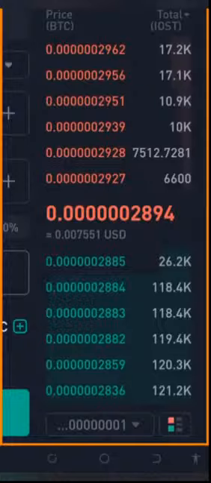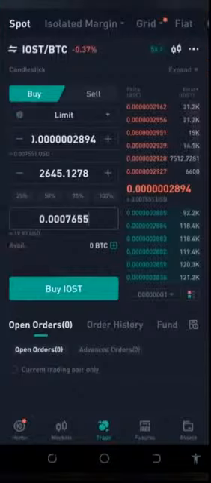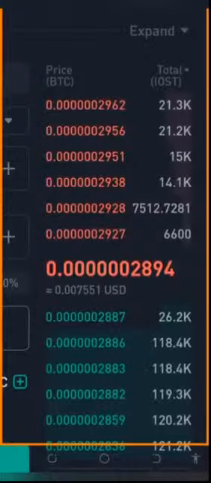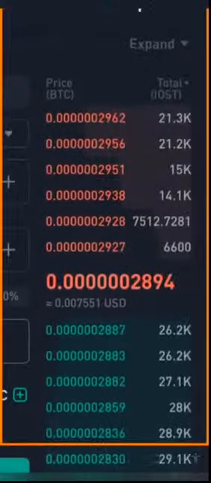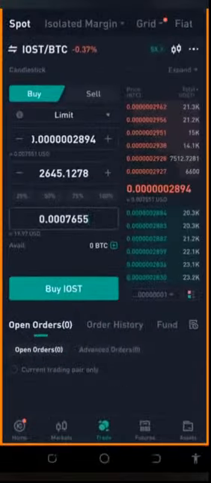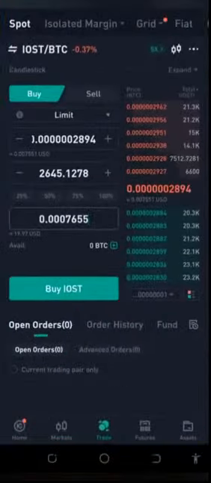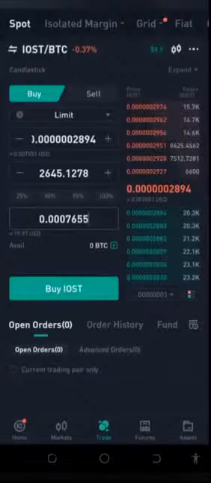No, it means that what they have here is 26,200 pieces of IOST already in the queue to be bought, right? Same goes here. We've got 6,600 pieces of IOST that want to be sold. That's how you understand what to do with the order book, because these are just submissions of people just like you on this blockchain that want to buy or sell. Okay, so I hope you understand that.